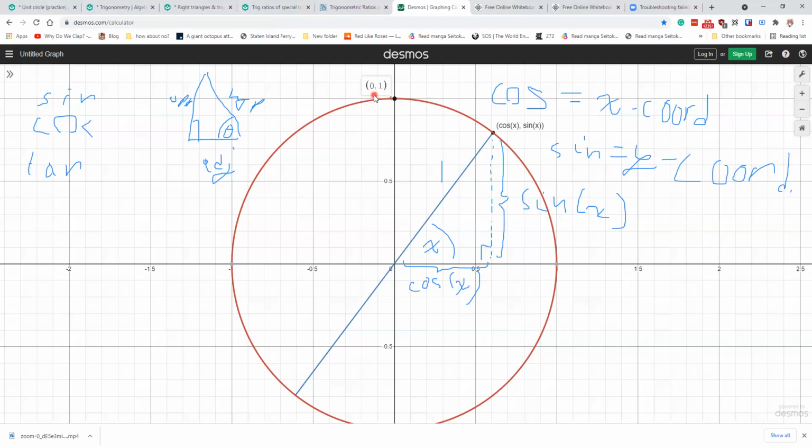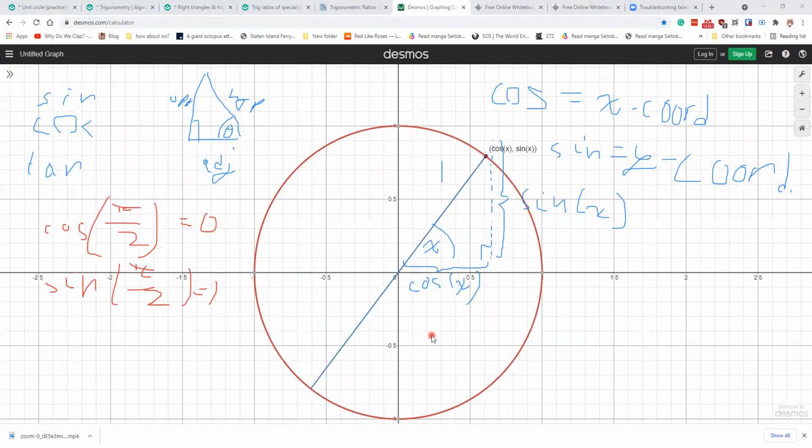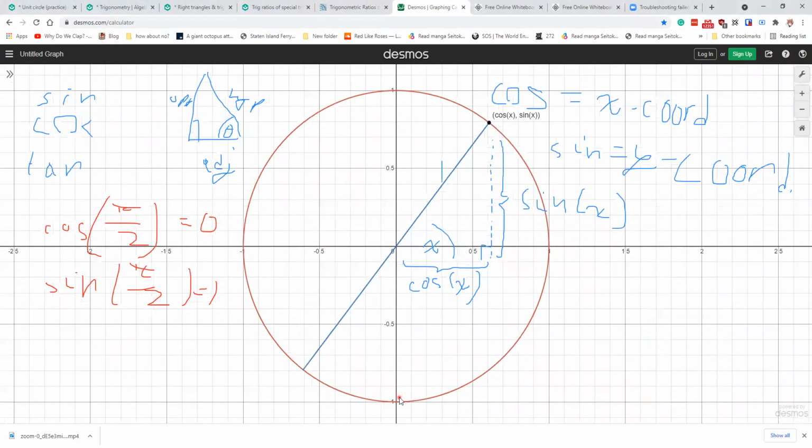Well, if you look at the x-coordinate, it's 0. And therefore, we can say that cosine of pi over 2 is equal to 0, and sine of pi over 2 is equal to 1.